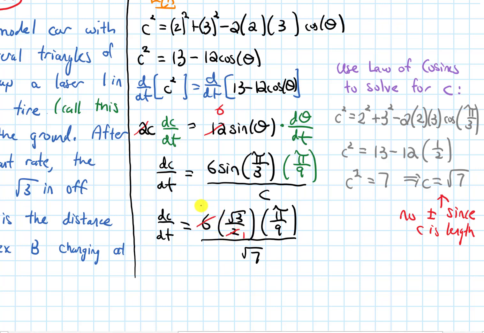I'll be left with a 1 down here and a 3 here. And then with the 3 and the 9, I can cancel and have a 1 here and a 3 here. So I'm left with a root 3 and a pi on the top, and on the bottom, I'll be left with 3 root 7.